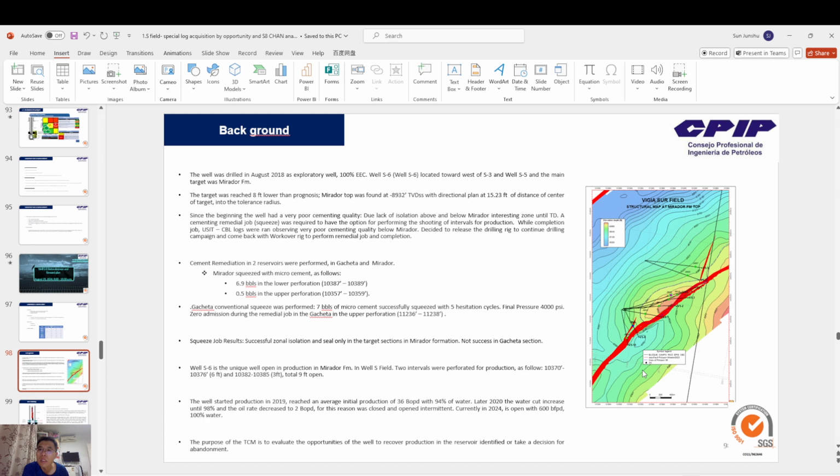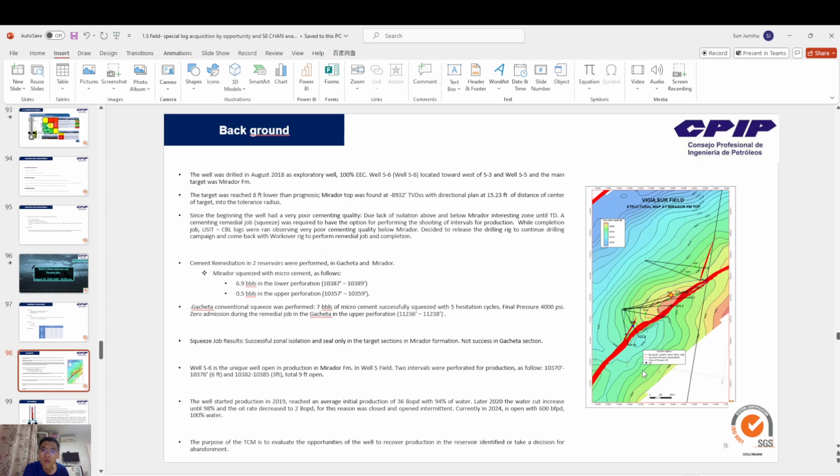The background: the well was drilled in August 2018 as an exploratory well located towards the west of S3 and S5, and the main target was the Mirador Formation. The target was reached 8 feet lower than prognosis.